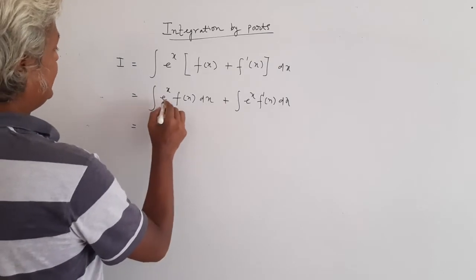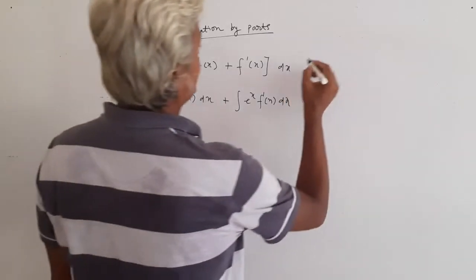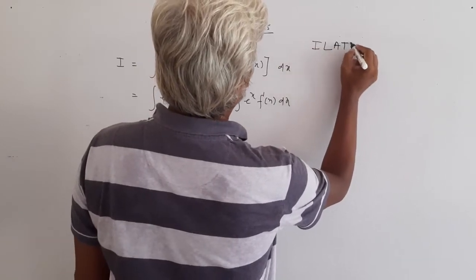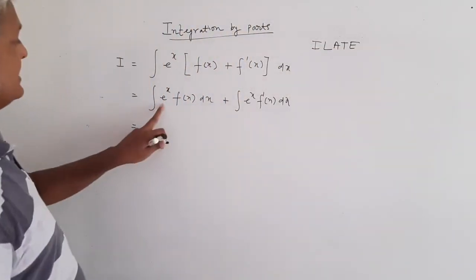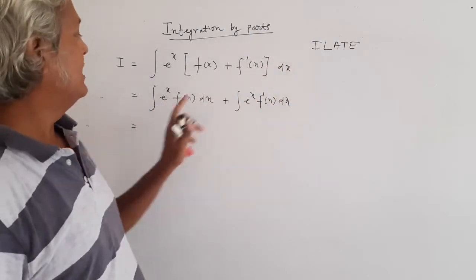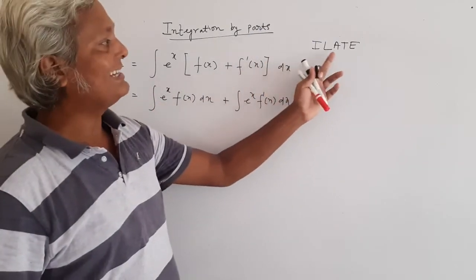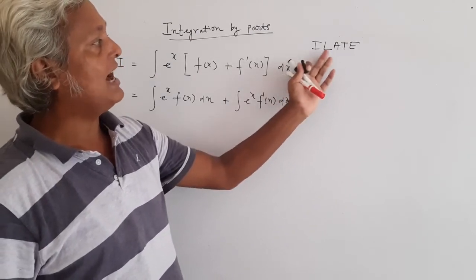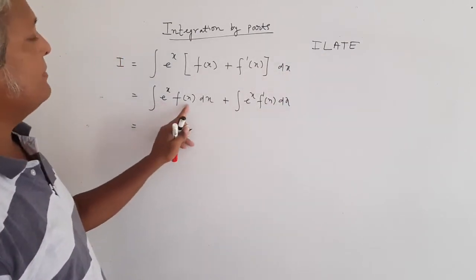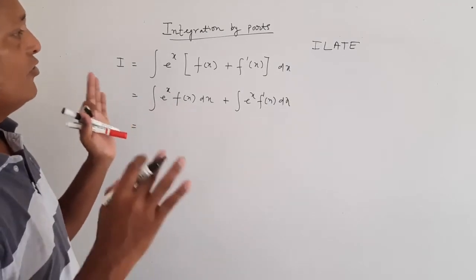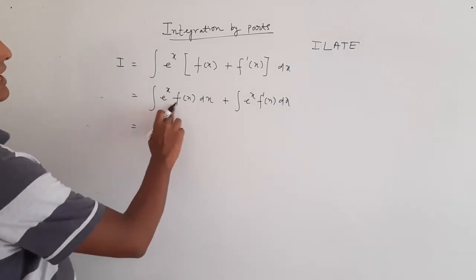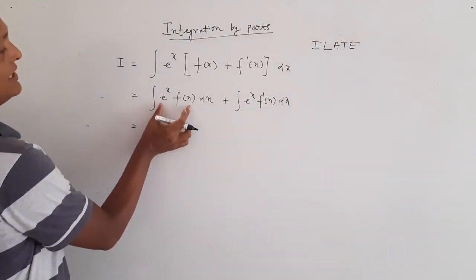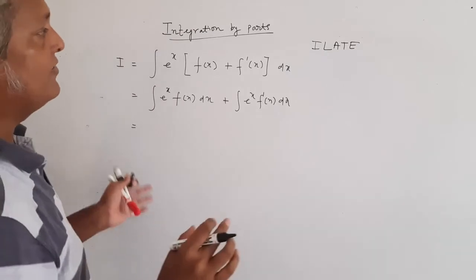Here, with e to the power x, if you see the order ILATE, e to the power x is the function lying at the end of this hierarchy. Whatever the type of f(x), in the worst case f(x) is also e to the power x, so both functions are of the same type.